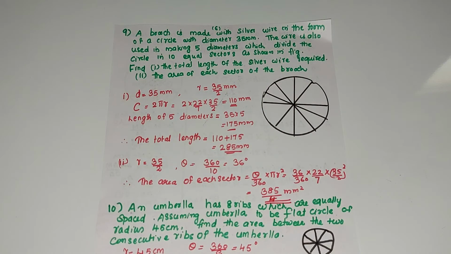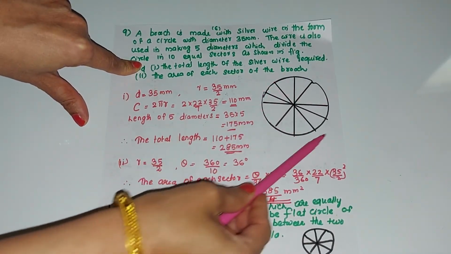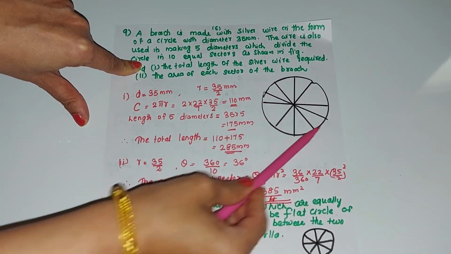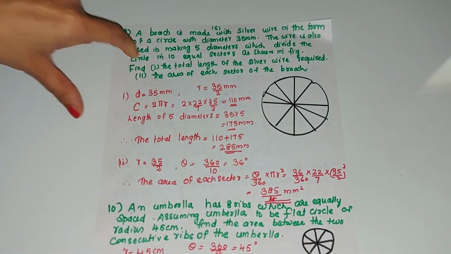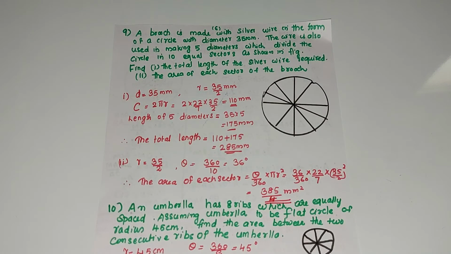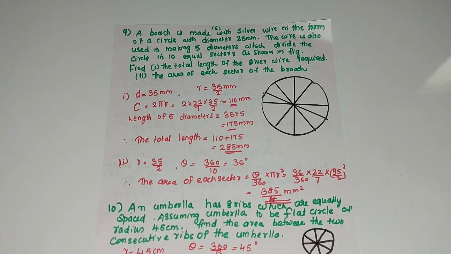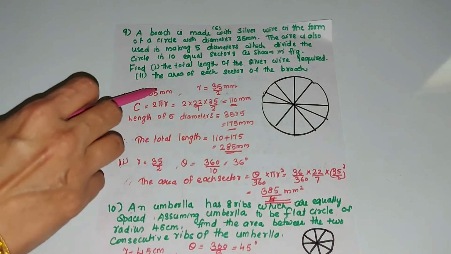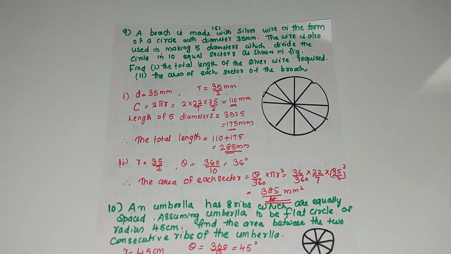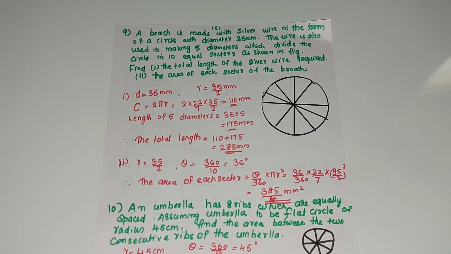So our first question, the total length of the silver wire required. Total length means find the circumference of the circle plus these 5 diameters. So here diameter equal to 35 millimeter and radius equal to diameter by 2, it's equal to 35 by 2 millimeter.